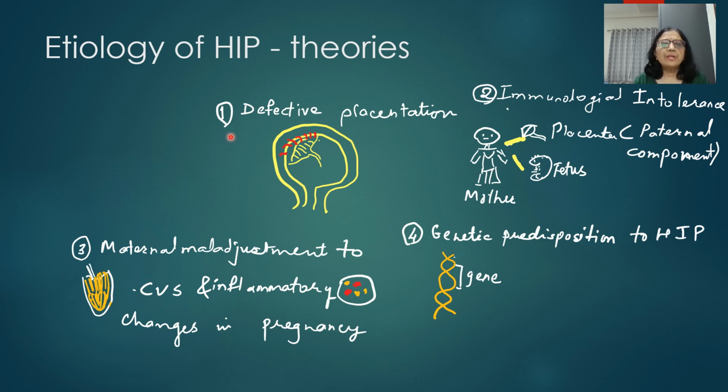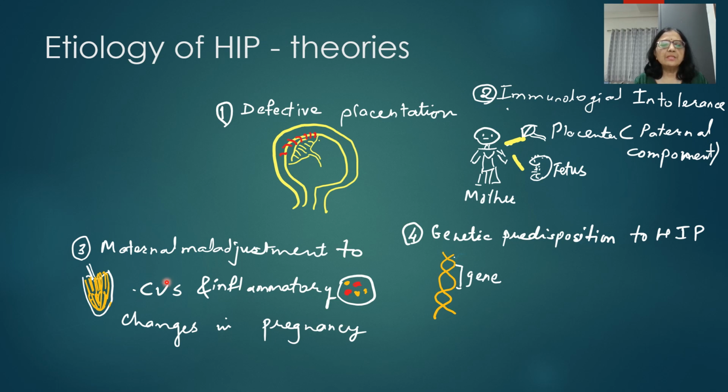Etiology of hypertension in pregnancy: the theories we can divide into four. First is defective placentation. Second is immunological intolerance, where the mother has intolerance for the paternal component in the placenta and fetus. Third is maternal maladjustment to cardiovascular and inflammatory changes in pregnancy.